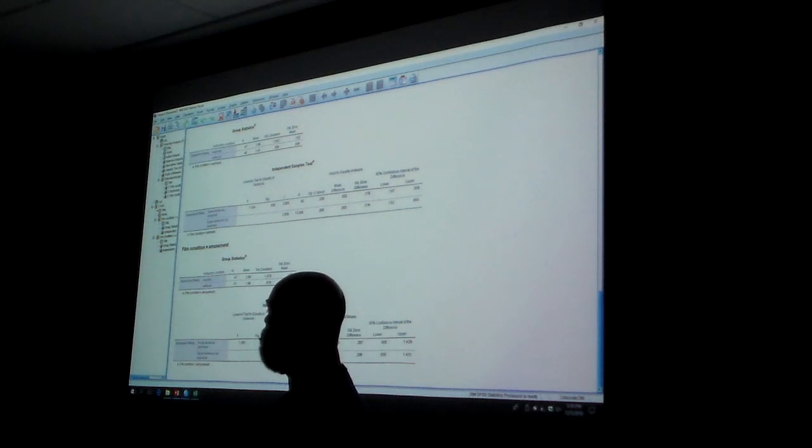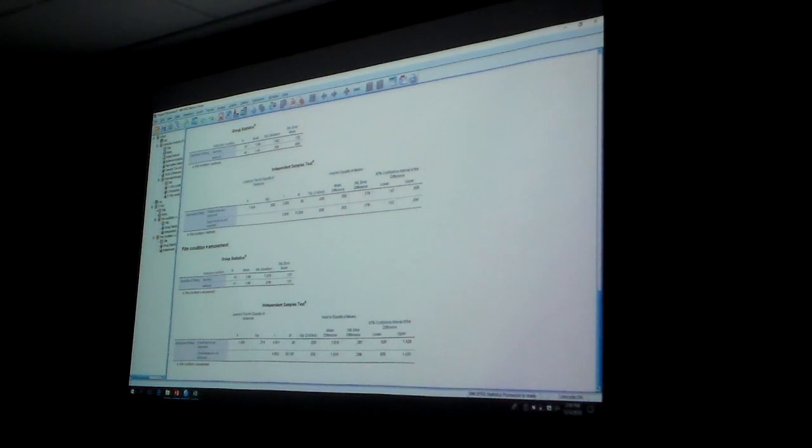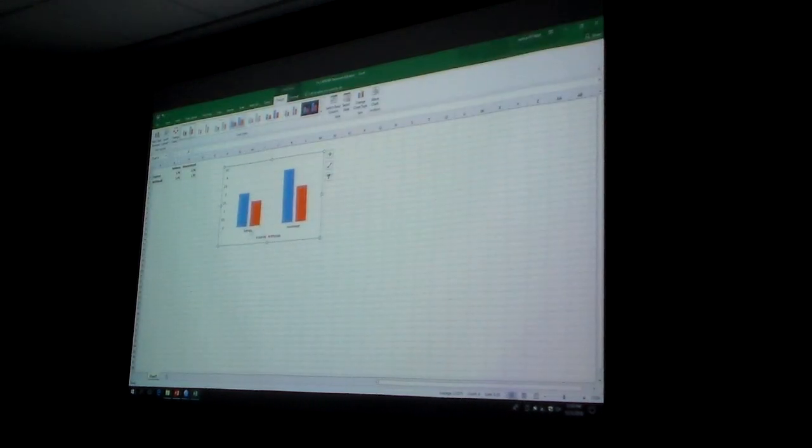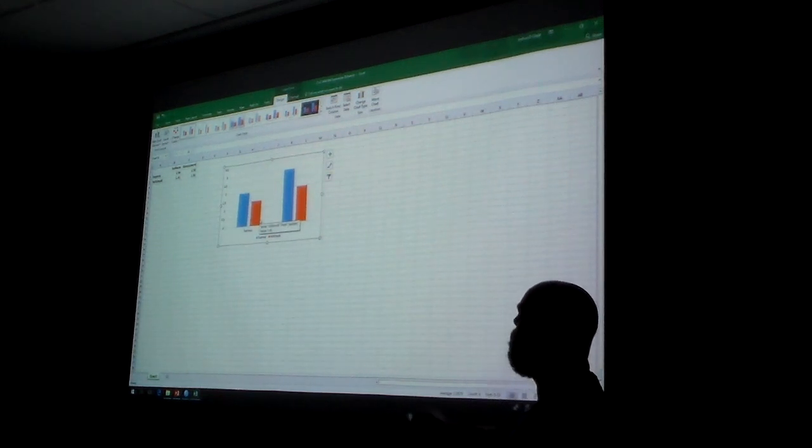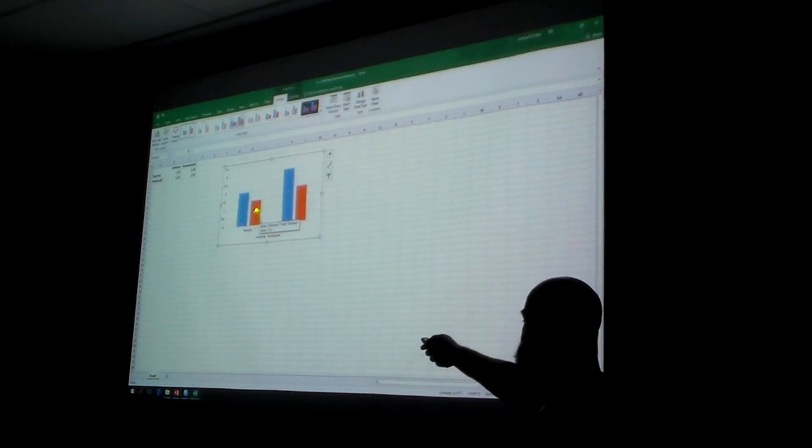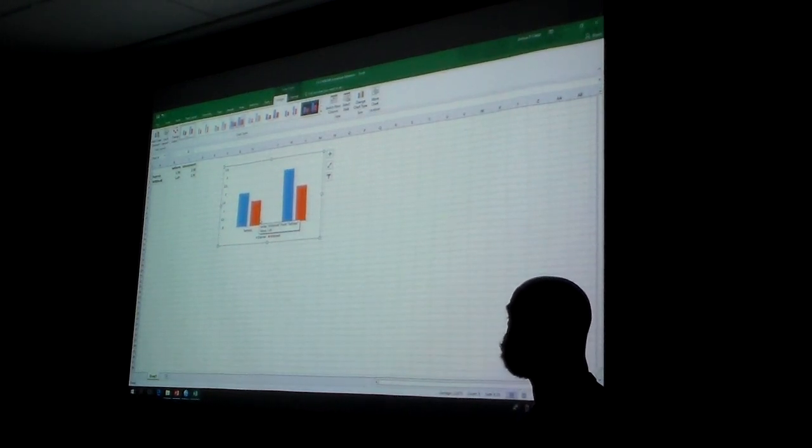So if I go back to my design, this is the comparison we're making right here, right? And based on our follow-up test, we have a reliable, significant difference here, okay?